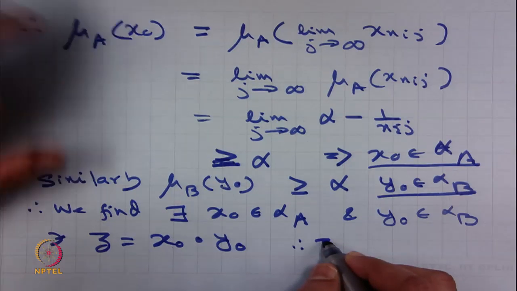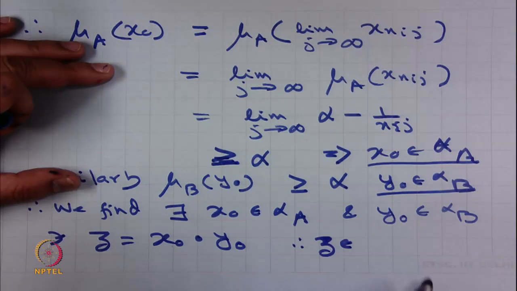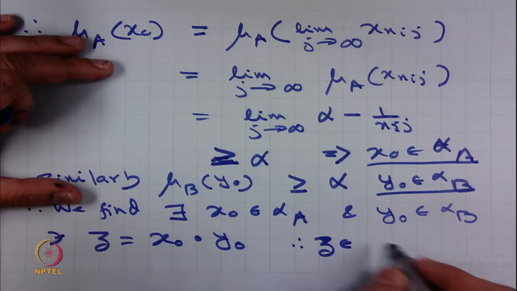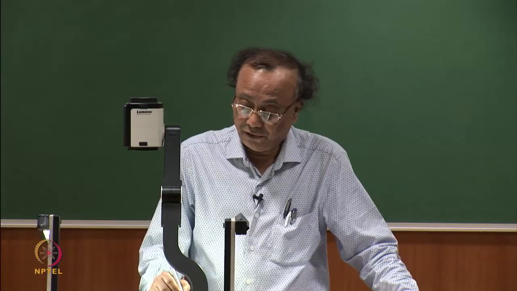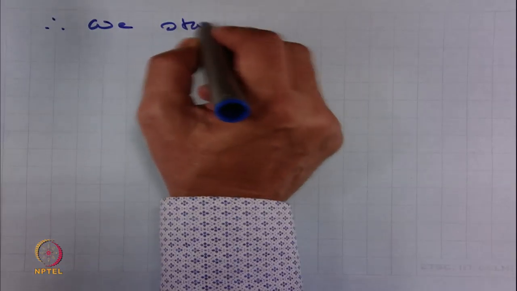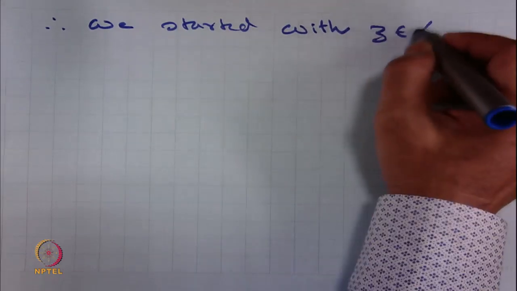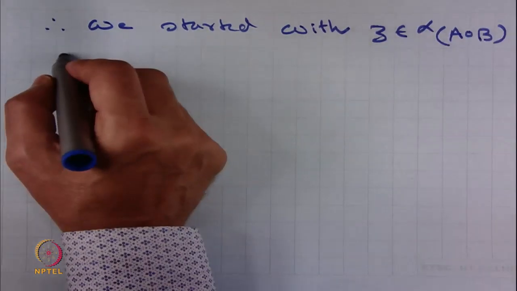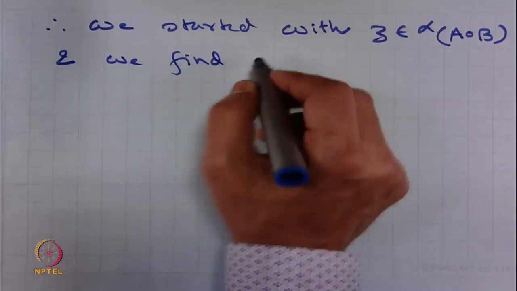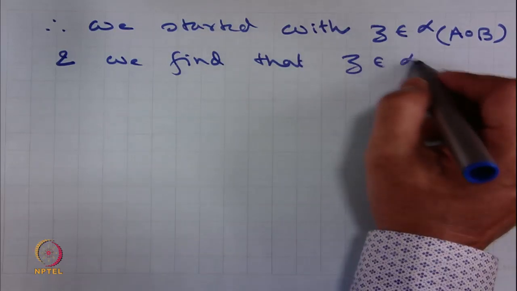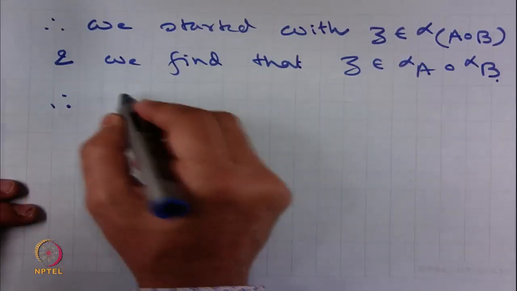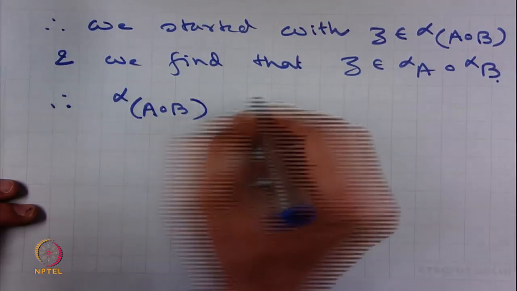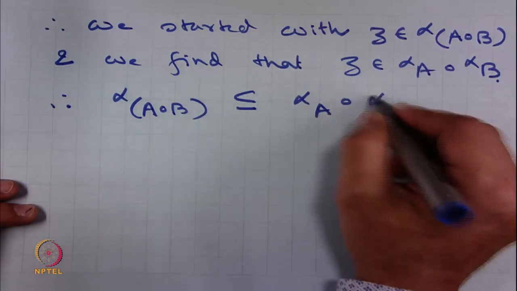Therefore, z belongs to alpha cut of A of alpha cut of B. Therefore, we started with z belonging to alpha cut of A of B, and we find that z belongs to alpha cut of A of alpha cut of B. Therefore, alpha cut of A of B is contained in alpha cut of A of alpha cut of B.